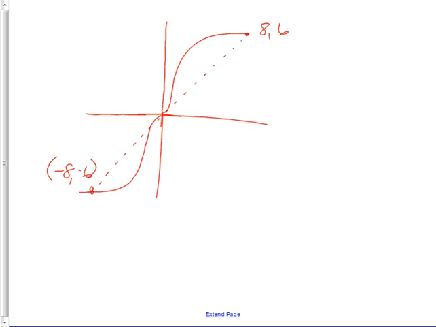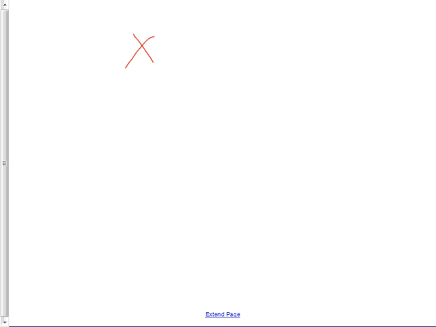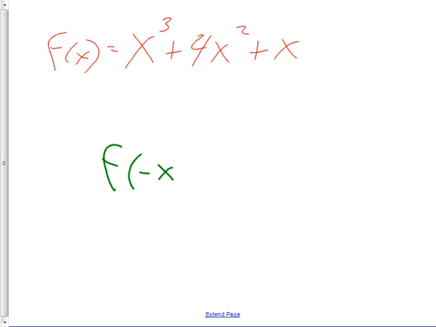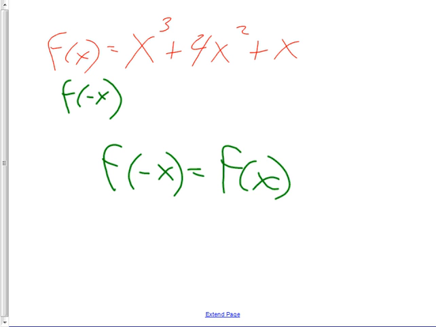Now, even and odd, without the symmetry part, if you just do this, I'd like you to tell me if this function is odd or even or neither. Remember that if it's even, when we stick in negative x, that's our first step here, and it comes out to f of x, the original function, then it's even.